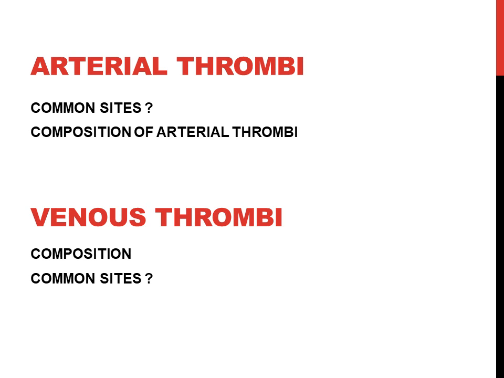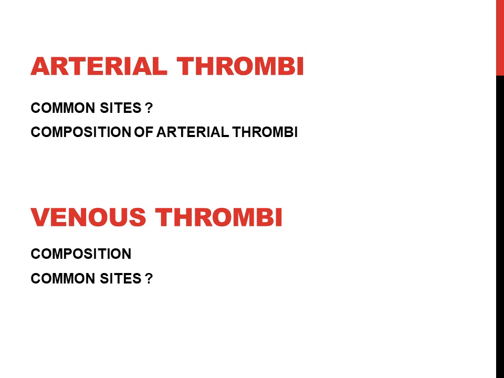And if we talk about the major arteries like the coronary circulation, atherosclerosis is a very important cause of arterial thrombosis. And the mural thrombi, which are also a form of arterial thrombi, develop in the heart chamber and can be a very important cause of myocardial infarction.